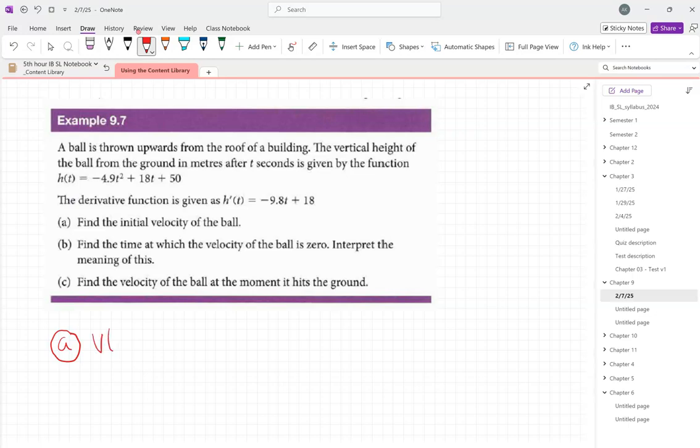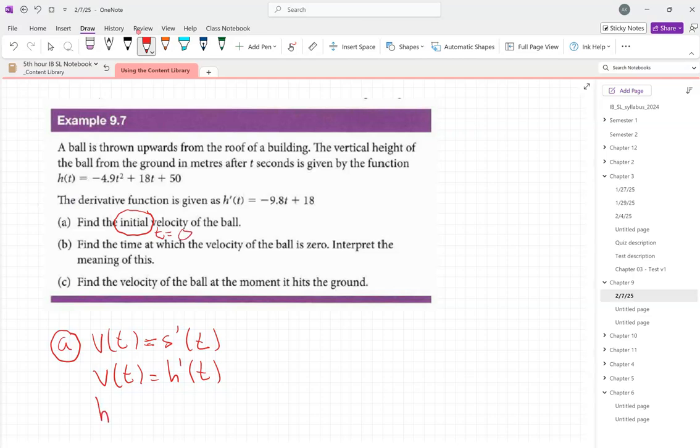So I remember that velocity is the first derivative of position, right? So in this case, velocity is going to be the derivative of our height function. And when we say initial, what time t is initial representing? 0.